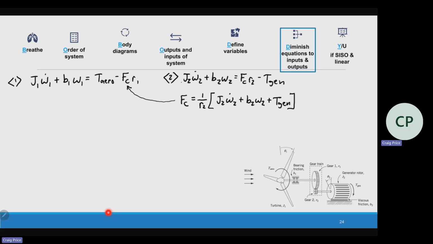And so we can make the substitution. So I get J1 omega 1 dot plus B1 omega 1 equals T arrow minus R1 over R2 times J2 omega 2 dot plus B2 omega 2 plus T gen.